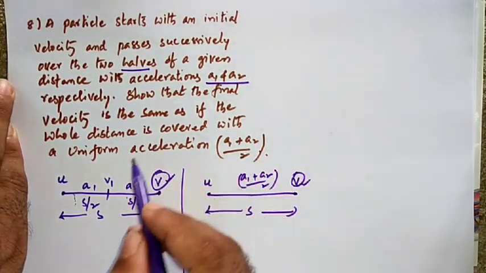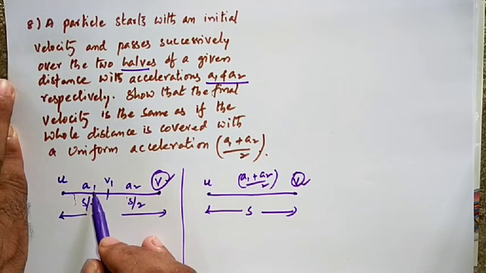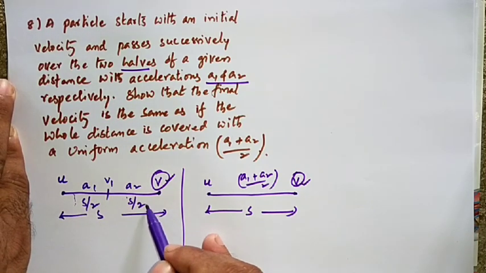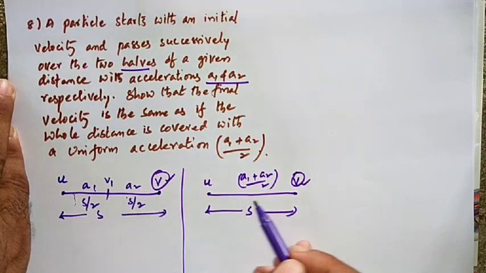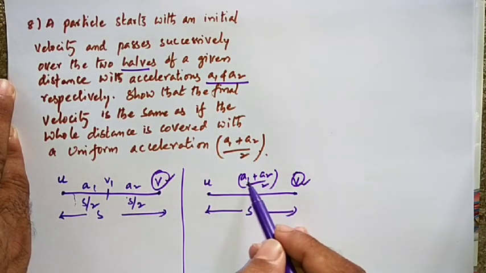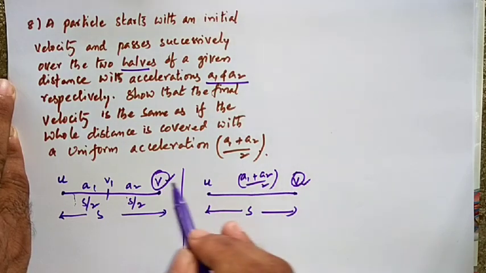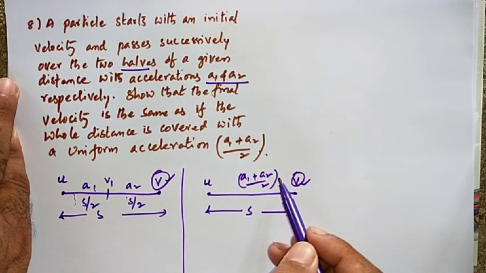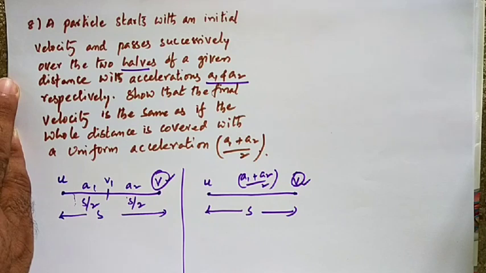Clear? So in the first case, half of the distance with an acceleration a1 and remaining half with an acceleration a2. In the second case, throughout the distance it is traveling with an acceleration (a1 plus a2) by 2. Then the final velocity attained by the bodies in both cases is the same. Let us see the proof whether it is true or not.